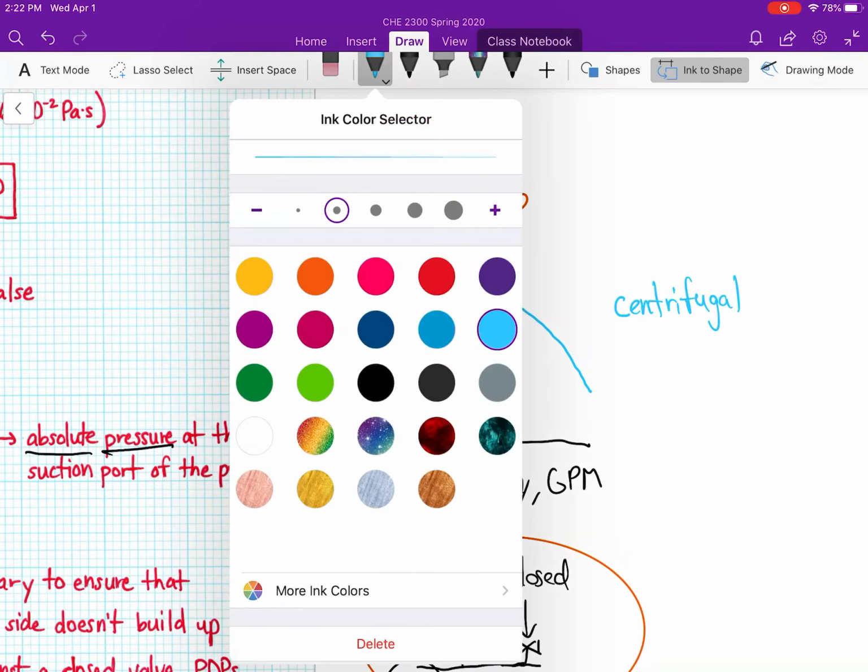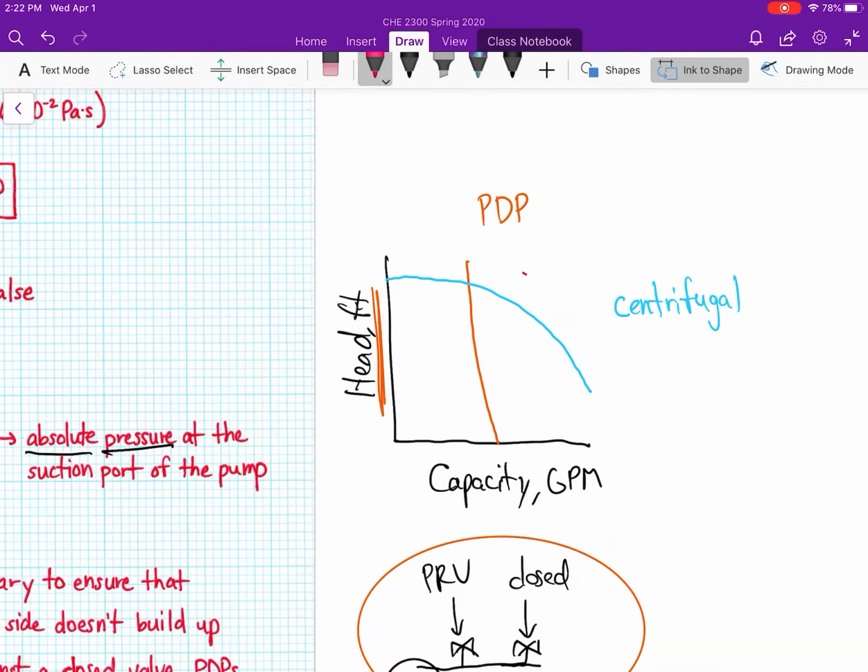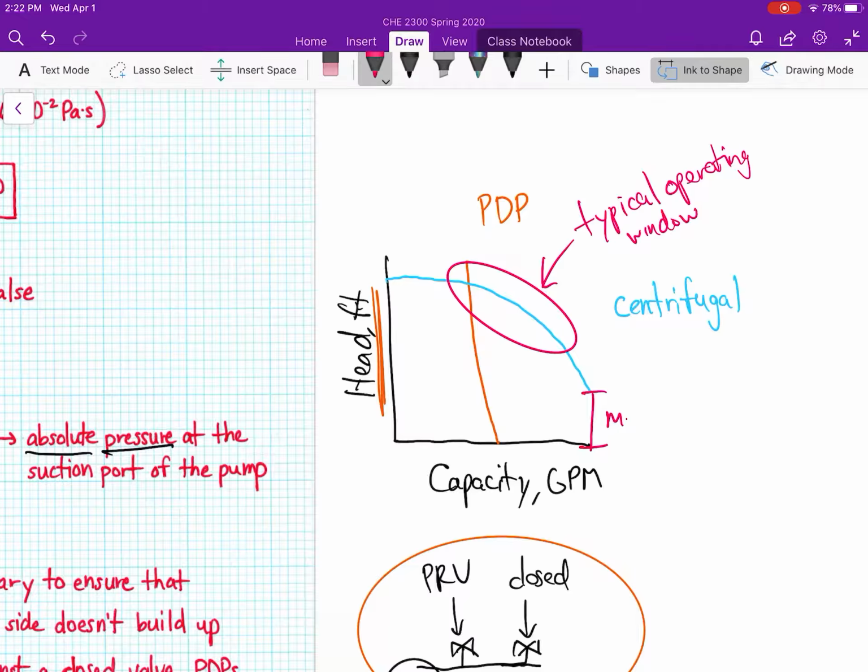What do I have in a centrifugal pump? Well, this would be my typical operating window, there would be some minimum head, but then down here what you see is that at a flow rate of 0, we have what is called the shutoff head.